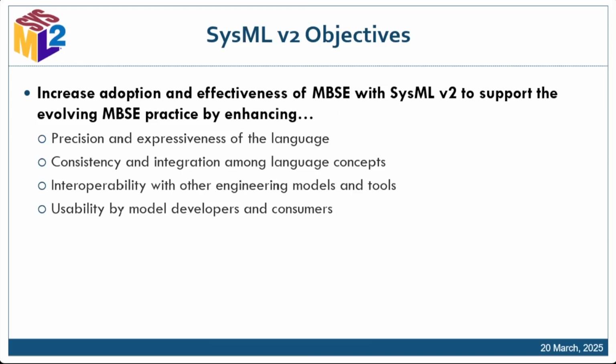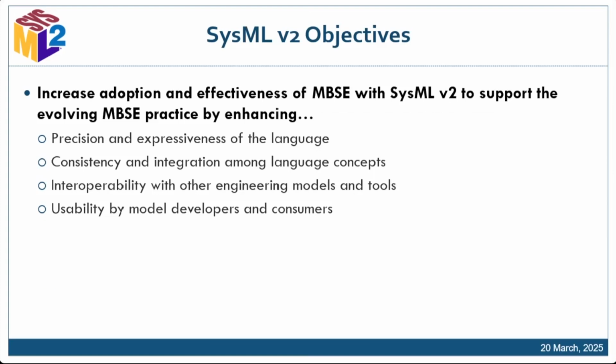It's usable by both the people who develop the models and the people viewing the models. That I will have to say, we'll have to see, because we don't have enough evidence of that one yet. I believe it is, but that's not based on a lot of fact yet. But hopefully we will find, primarily through a couple of aspects of the language, that it will be a much easier language to understand and learn.